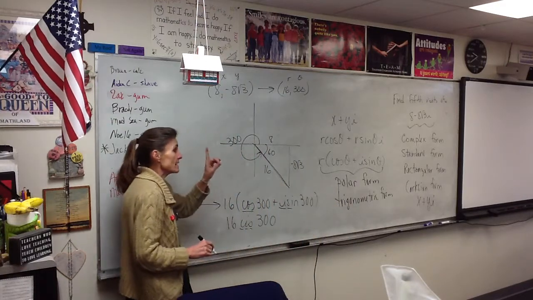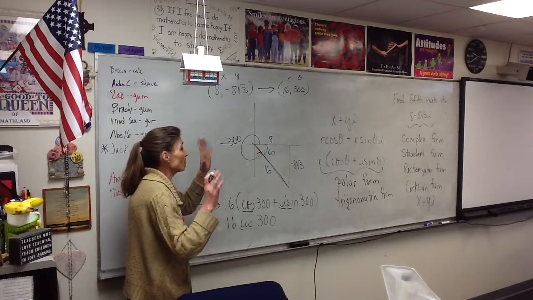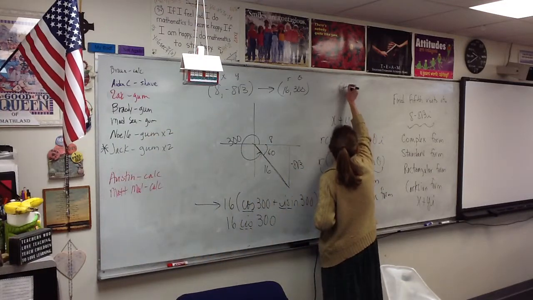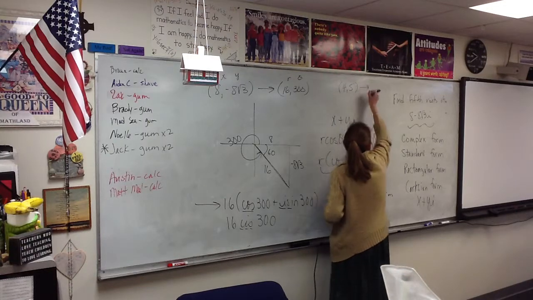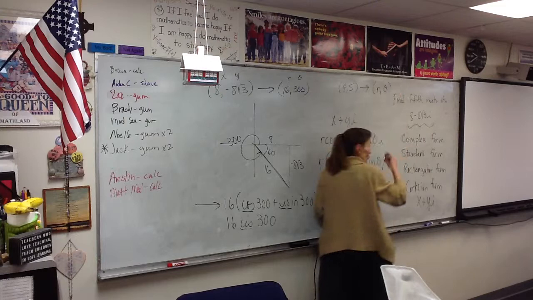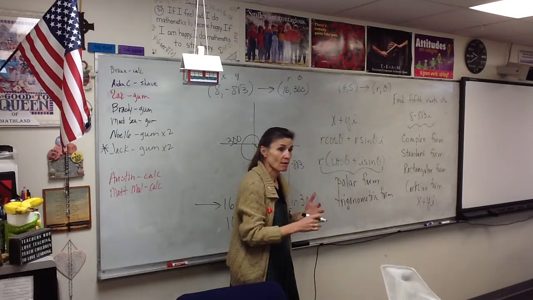Now, again, I need to emphasize, because this is the biggest thing kids miss, actually. If we start with an ordered pair, 4, 5, when you answer that, it's going to be an ordered pair. You're going to figure out the radius and you're going to figure out the theta.